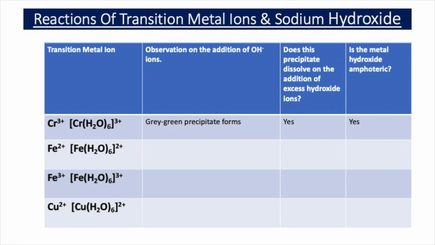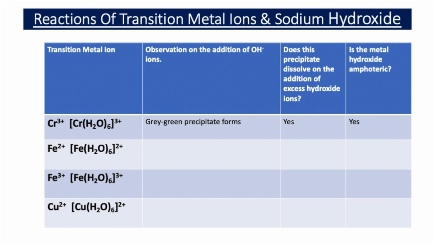So this slide summarises the results of this first experiment. When we add aqueous OH- ions in the form of sodium hydroxide to a solution of chromium 3+, or more correctly [Cr(H2O)6]3+, we get a grey-green precipitate that forms, and this is chromium(III) hydroxide, and the precipitate dissolves on the addition of excess hydroxide ions.